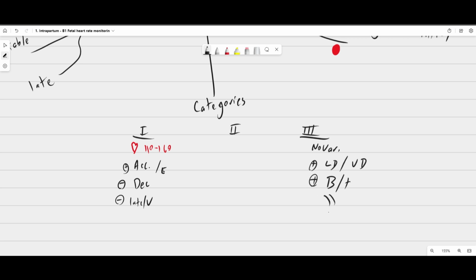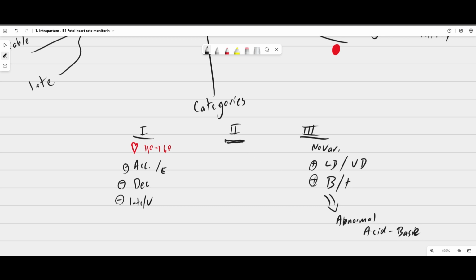And what this means when we have this category 3 is there's an abnormality going on. So abnormal, and what's going on with it is our acid-base status. So baby's in some sort of distress due to some type of acid-base status. Again, if you're hypoxic or anything, you're going to build up that acid, and we can get some problems.